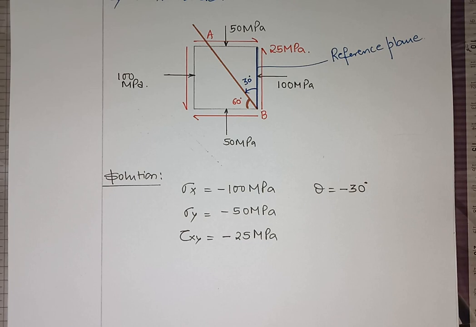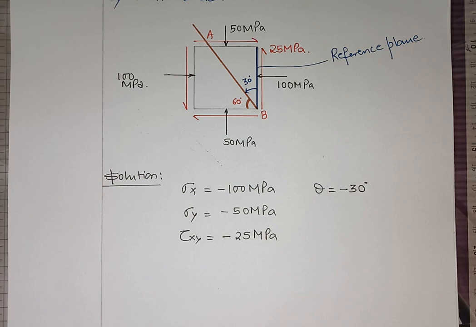Now let us draw the Mohr circle. To draw the Mohr circle, as I already discussed in the previous video, we need to assume a scale. To assume a scale, first we need to note down the values of maximum stress.